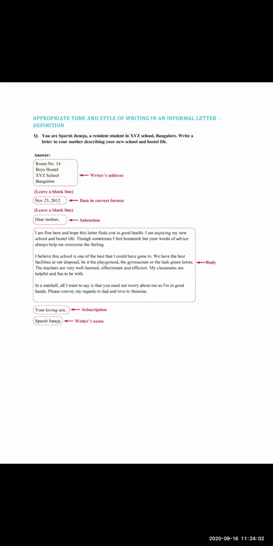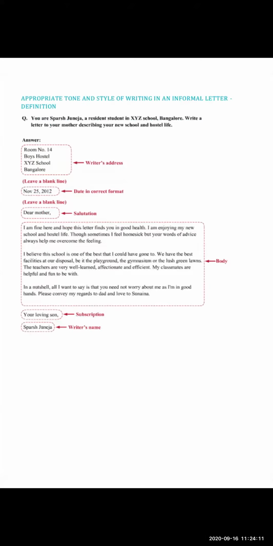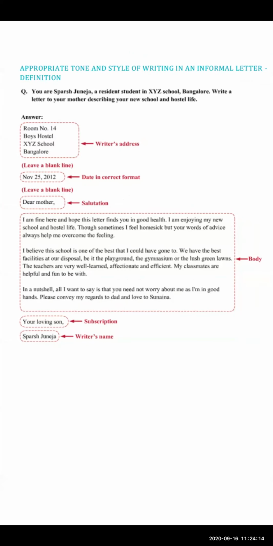Okay, so see, here there is one example of writing a letter. Here there is the name of the writer also. Sparsh Juneja, a resident student in XYZ school, Bangalore, write a letter to your mother describing your new school and hostel life.